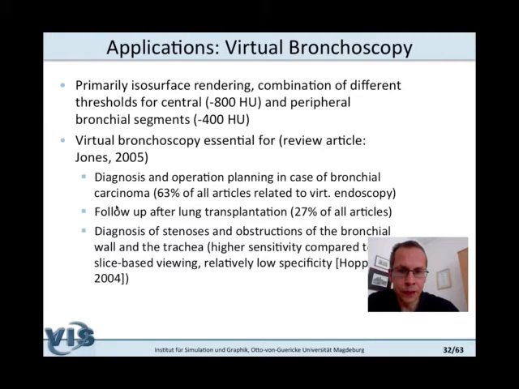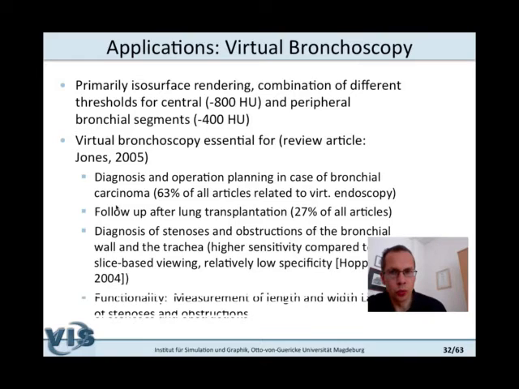And another application relates to stenosis or obstructions of the bronchial wall or the trachea. And it turns out that virtual bronchoscopy here has also a higher sensitivity in detecting such problems compared to the conventional slice-based viewing that is, of course, possible as well. The specificity is not so impressive, but the sensitivity is improved.